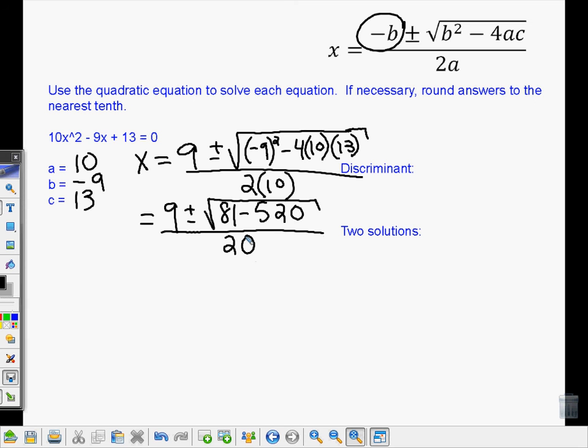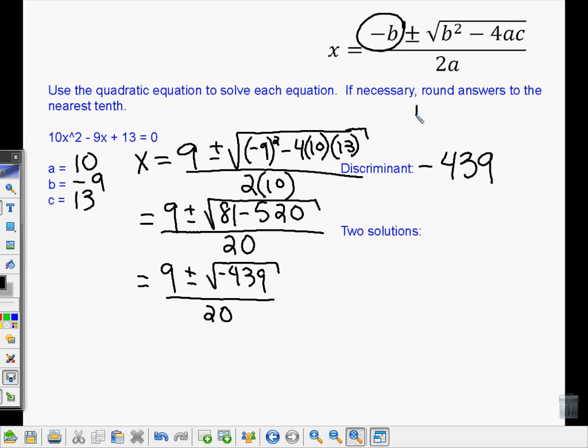All right? So, again, we're just going to simplify. We have 9 plus or minus the square root of 81 minus 520. We get negative 439 divided by 20. Now, we got a negative answer for our discriminant, negative 439.